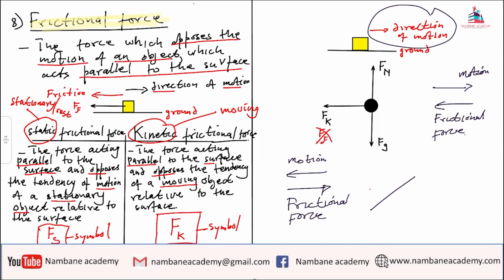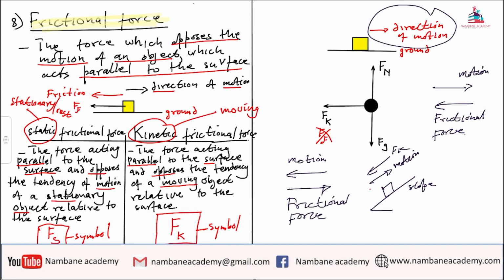If I am having an object sitting on an inclined plane, moving on a slope, but I am told it is moving in that direction, let's write it down, motion. What will be the direction of the frictional force? It must be down the slope. Why down the slope, ladies and gentlemen?